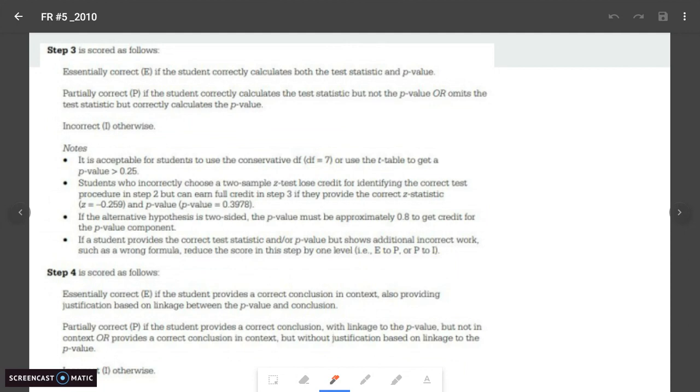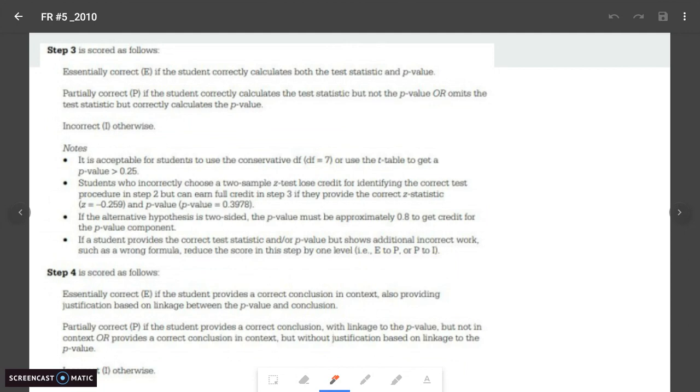Basically, I'd want you to show the picture there. I'd want you to show the formula. We really want to give as much detail as we can just to make sure we're covering all of our bases. And again, this one might have been graded a little bit more leniently than the one we might be taking here. And for 4, it's essentially correct if we can make a correct conclusion with context, connecting that p-value back.